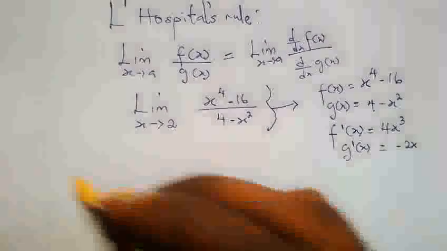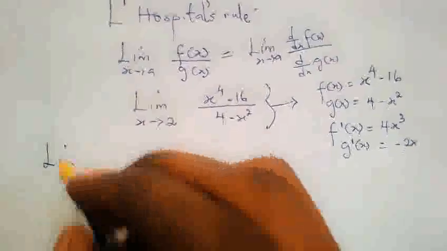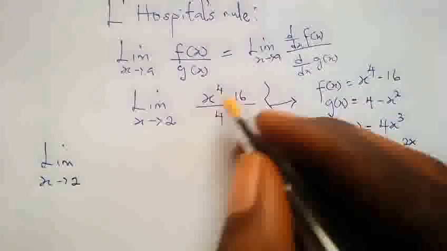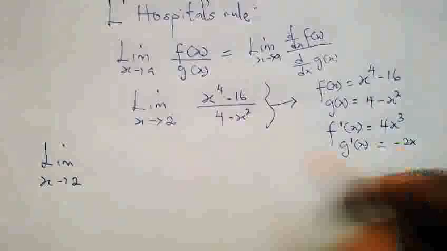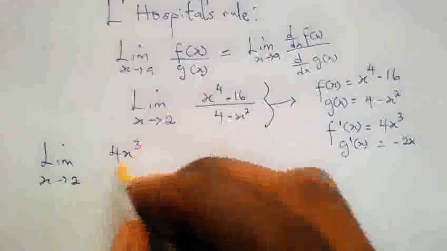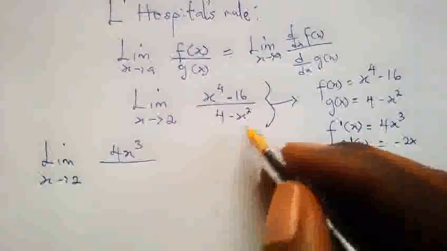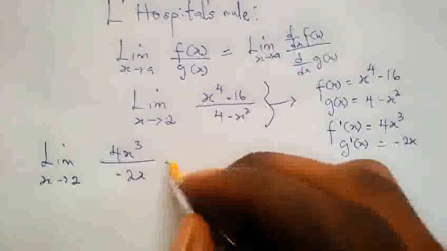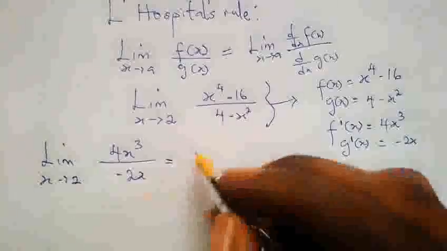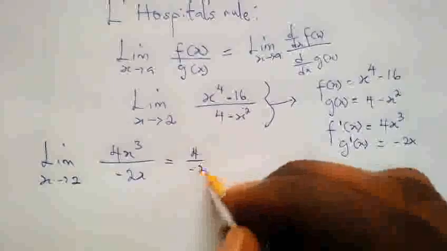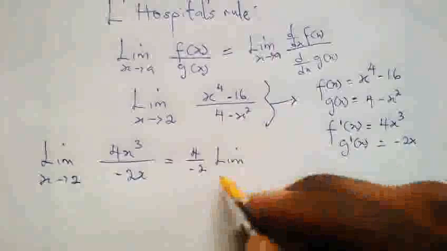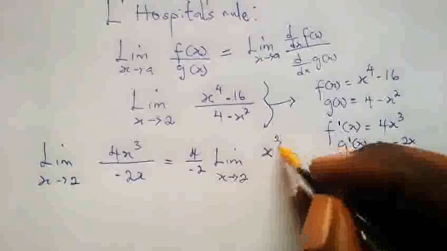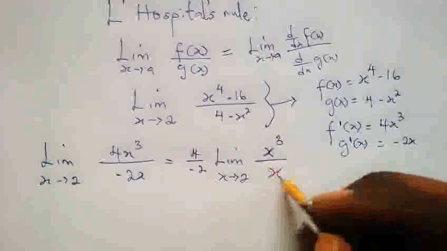So we have our limit to be the same as the limit as x approaches 2. After differentiating the top, we got 4x cubed all over, after differentiating the bottom, negative 2x. This is equal to, taking the constants out, 4 all over negative 2 times the limit as x approaches 2 of x raised to power 3 all over x.